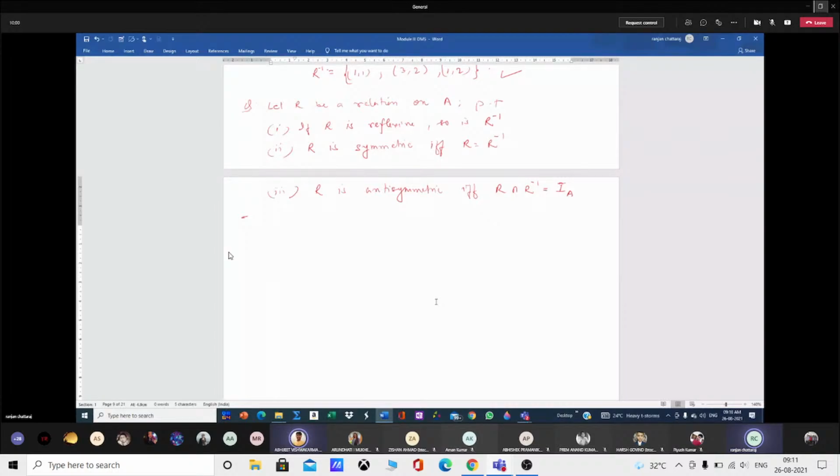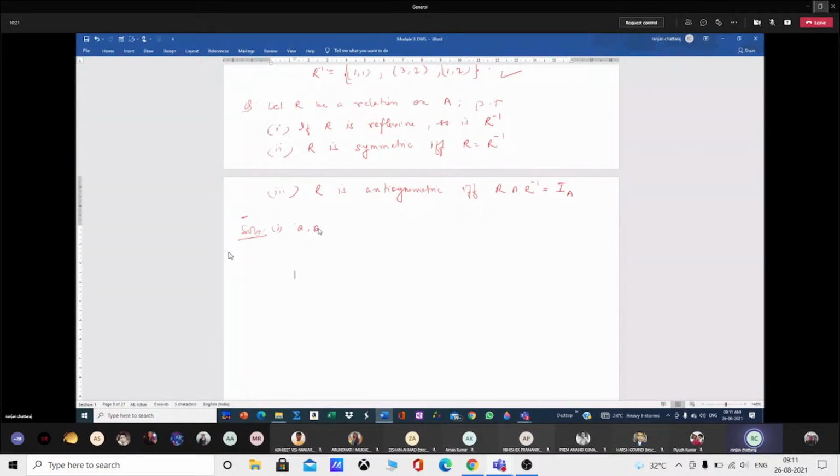Do we have to prove using an example? Not an example. Suppose you are taking any set A. Suppose R is reflexive. First one, I am going to solve.